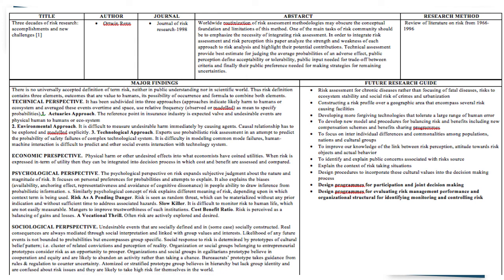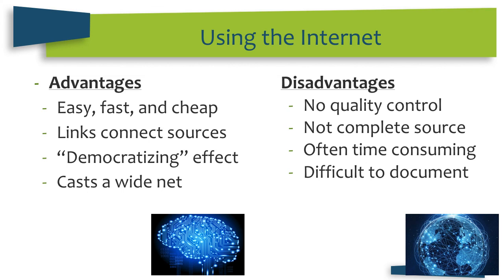Google. One of the students said that he would find solutions to problems or solutions to questions from Google. So we'll have a quick look at what are the advantages and disadvantages of using the internet as a source of literature. Well, advantages are clear. It's easy, it's fast, it's cheap.